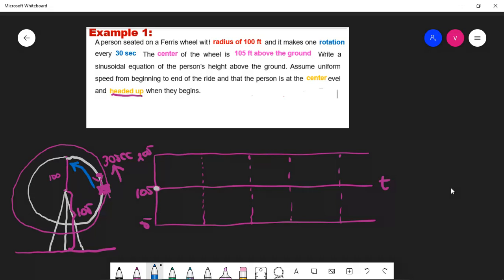So in the first quadrant, they're at the center and they're moving up to the maximum height. Second quadrant, they're moving from the maximum down to the middle here. So over time, this is what their height is doing. And then at the center to the minimum of the Ferris wheel, so third quadrant. And then fourth quadrant from the minimum back up to the middle.